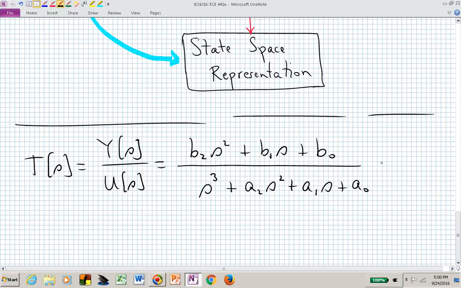You can think of this as being a ratio of a numerator polynomial to a denominator polynomial.